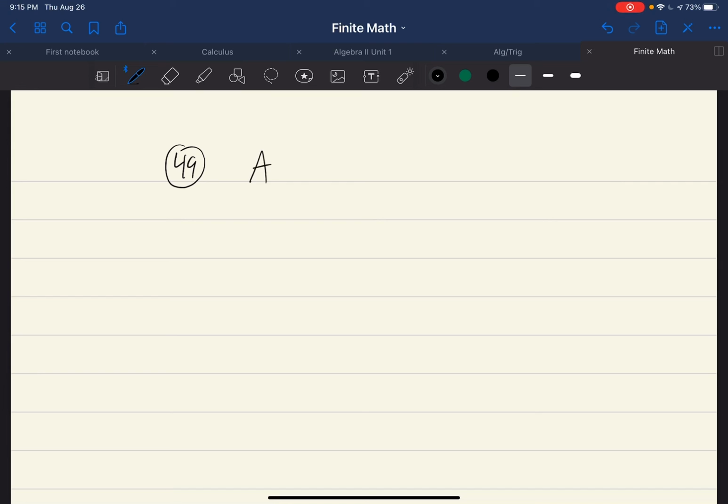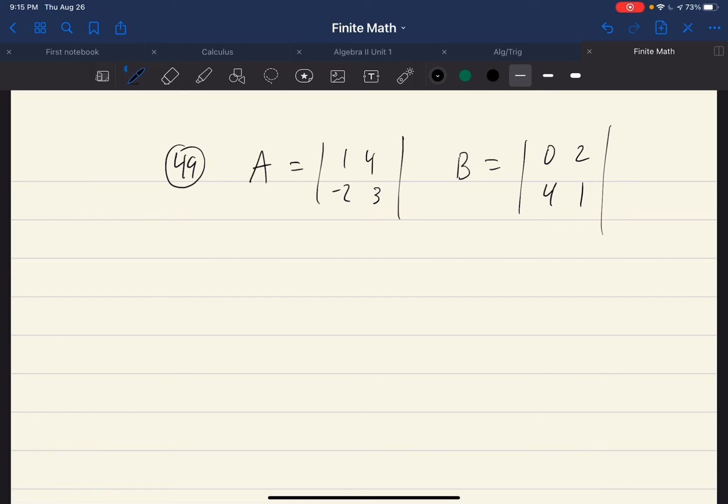Problem 49 defines the A matrix as a 2 by 2 matrix, 1, 4, -2, and 3. And then it defines the B matrix as 0, 2, 4, and 1. And it defines a C matrix too.